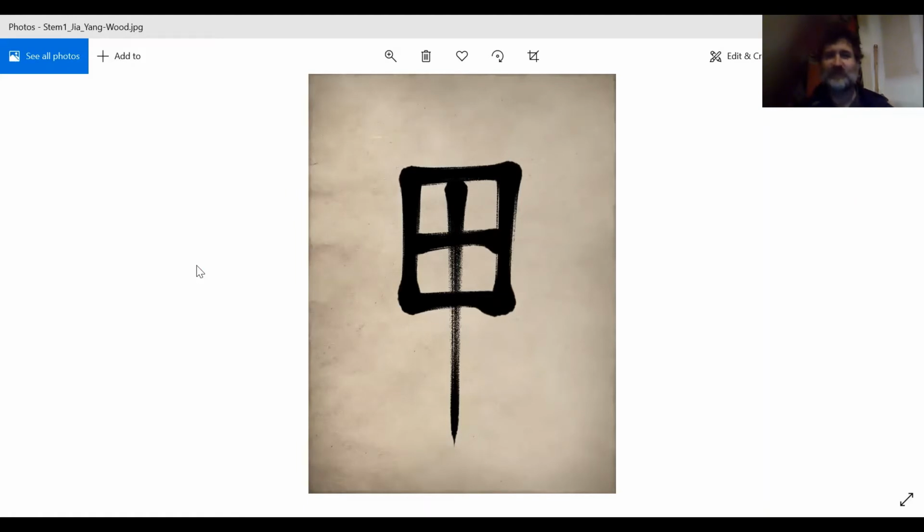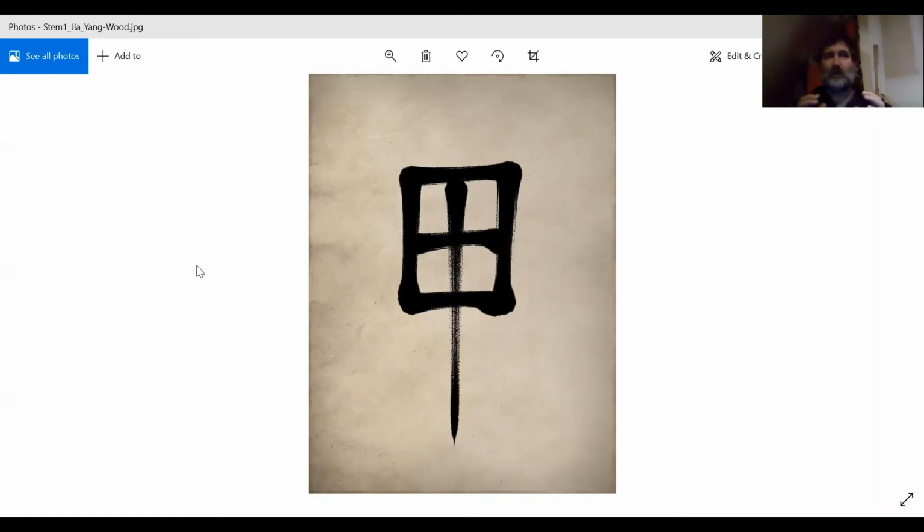So this is the first heavenly stem. This is yang wood, jia. So yang wood is that aspect of wood. So wood is emerging, arising, moving forward, beginnings.